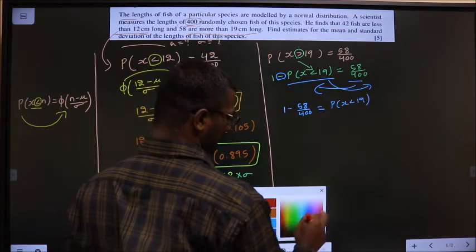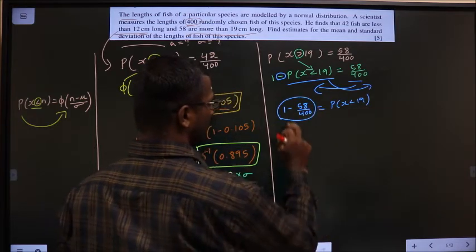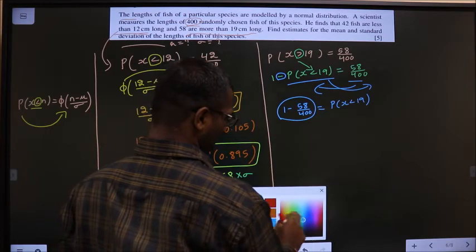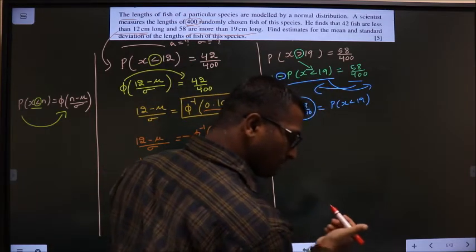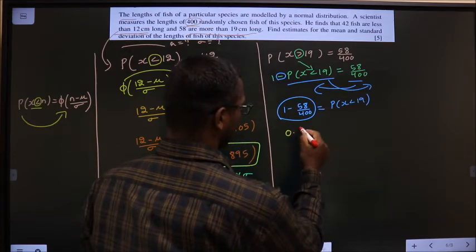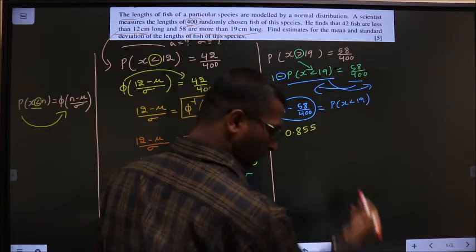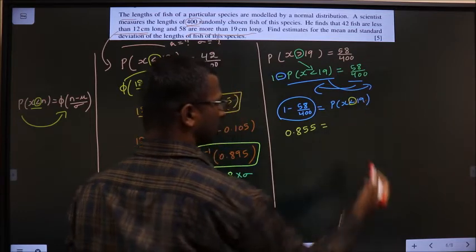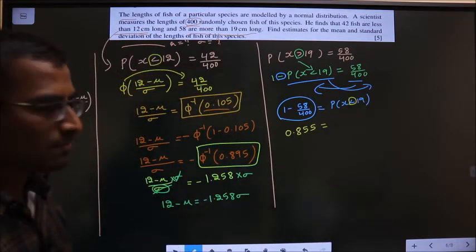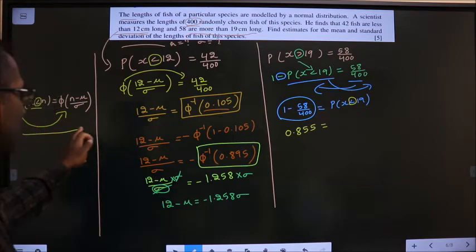Now, put this in the calculator. You get the answer to be 0.855. And here you analyze, the symbol is less than, so P will get converted to phi.